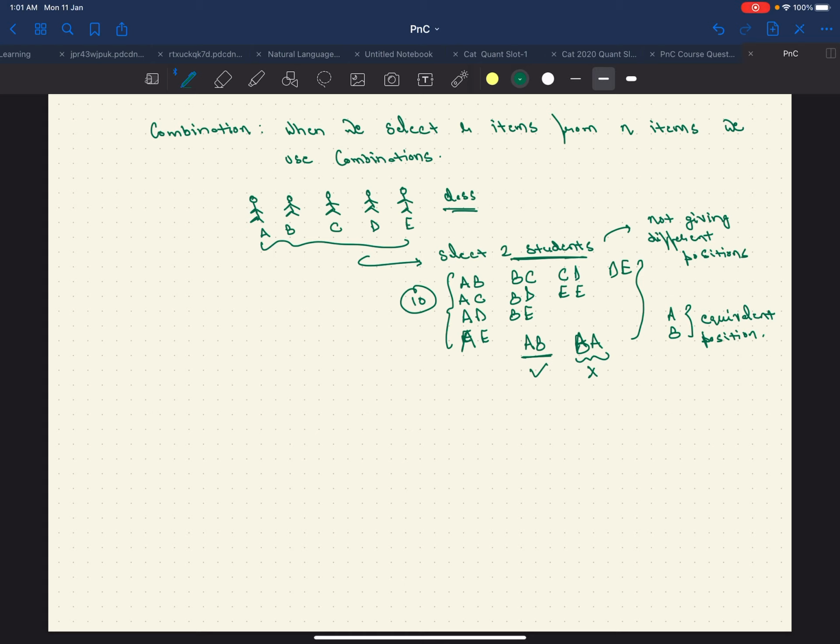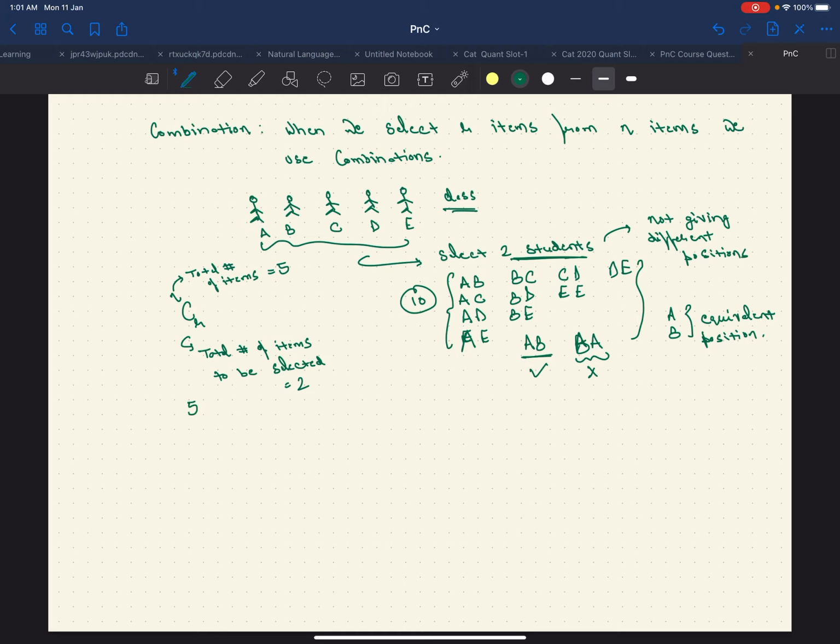Now let's see how we can solve this using the combination operator, instead of counting. The combination operator is represented by NCR, where N is the total number of items, which is 5 here, and R is the total number of items to be selected, which is 2 here.